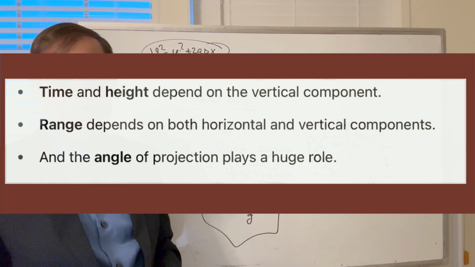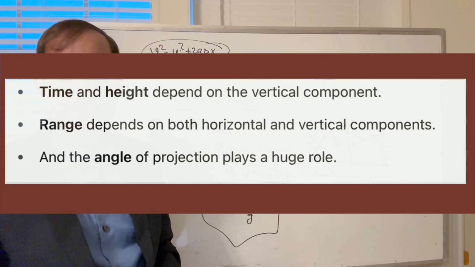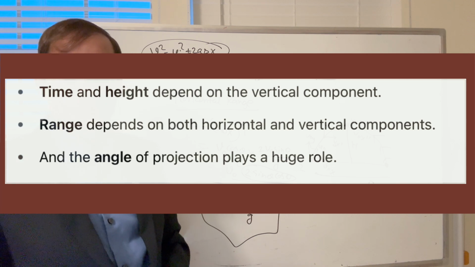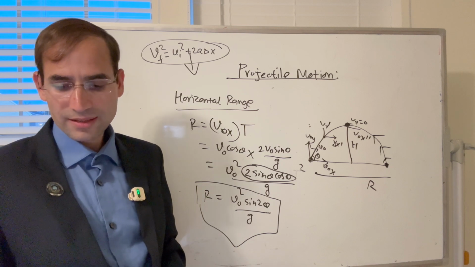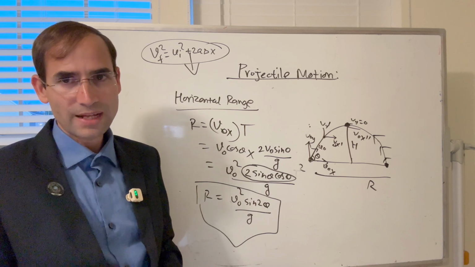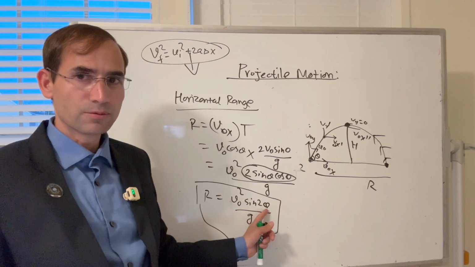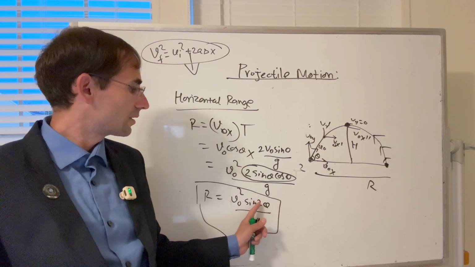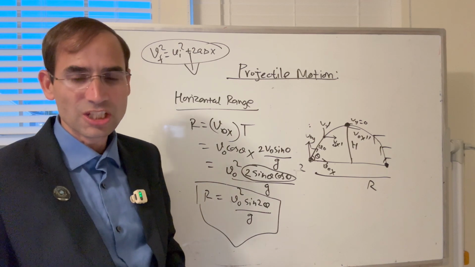Remember that. Range depends on both horizontal and vertical components, and the angle of projection plays a huge role. At what angle do you think the range is maximum? I just told you, 45 degrees, because 45 multiplied by 2 becomes 90, sine becomes 1, and that is the maximum horizontal length, v_0 squared over g.